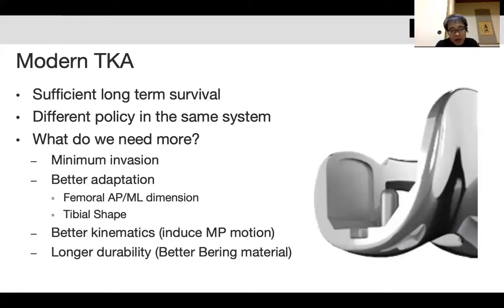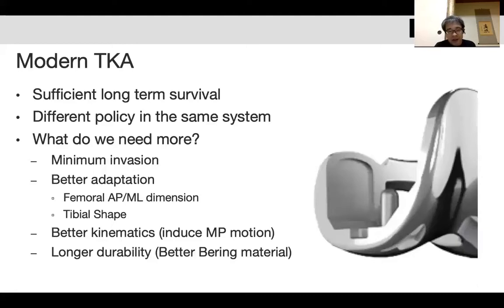UKA is one solution to minimize the invasion, with better adaptation. For example, the femur AP and ML dimensions are decided by size, and only several sizes are available for each prosthesis system.